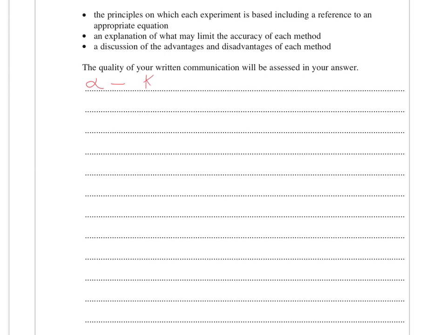So what's going on there is the kinetic energy of the alpha particle is transferred to electric potential energy, so we can end up getting an approximation to the nucleus size.